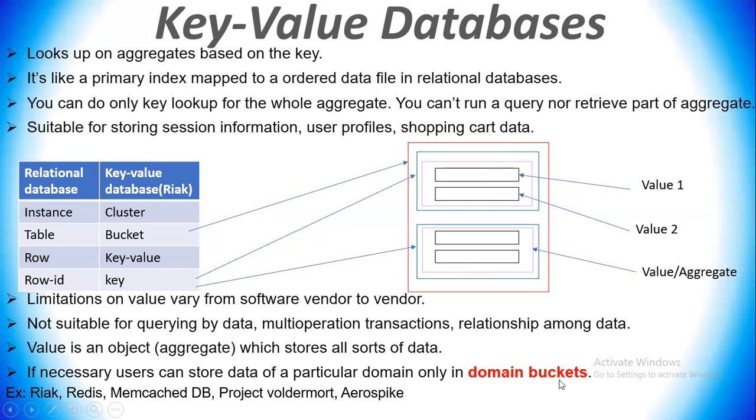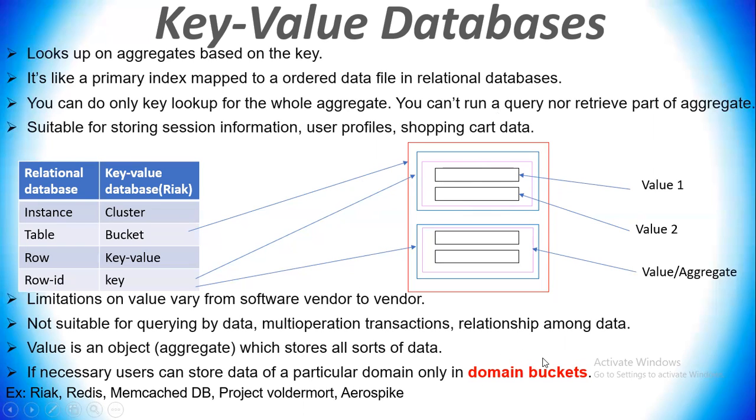In such a case, if that database management system allows, this becomes a domain bucket. So this is a bucket, the table. If the domain of this value can be specified, then this bucket is known as a domain bucket.